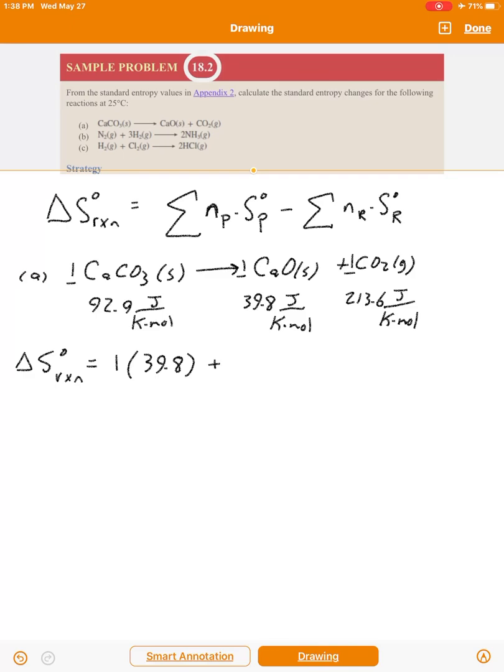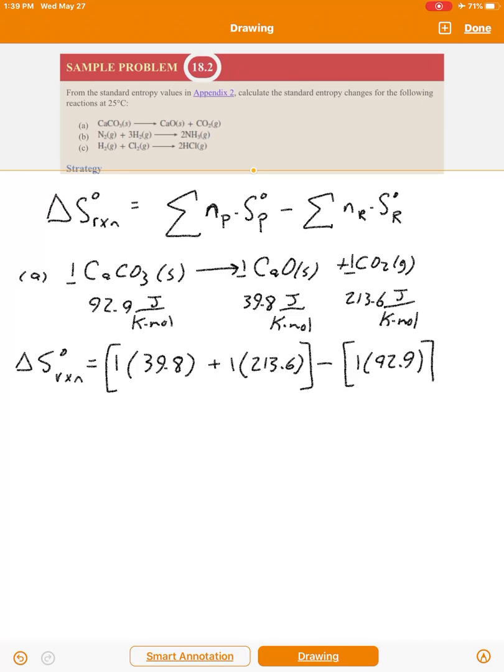Plus, so we're adding up, in fact, I'll put this in brackets just so you can see. We're going to add up all the products. So for carbon dioxide, 1 times 213.6. So that's summing up all of the products and then subtracting from that the reactants. There's only one reactant in this case, and that's the calcium carbonate.